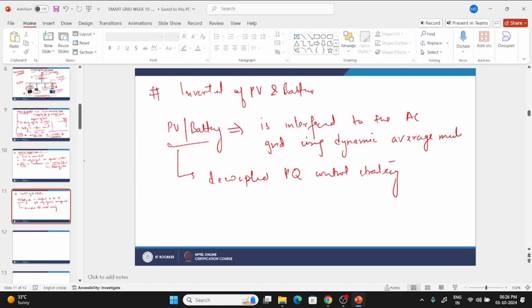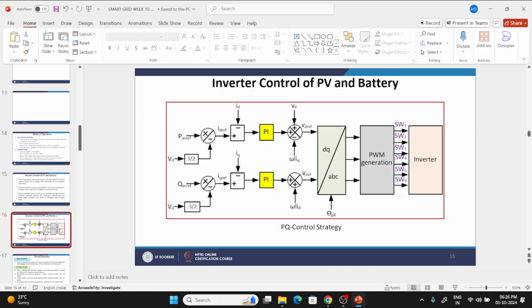I will show you, yes, this is the control strategy. This is the PQ control strategy of a battery and solar PV. Here this is the reference power. It is given here, then it is VD. Then all these control strategies are given to PWM based generation of the switches.